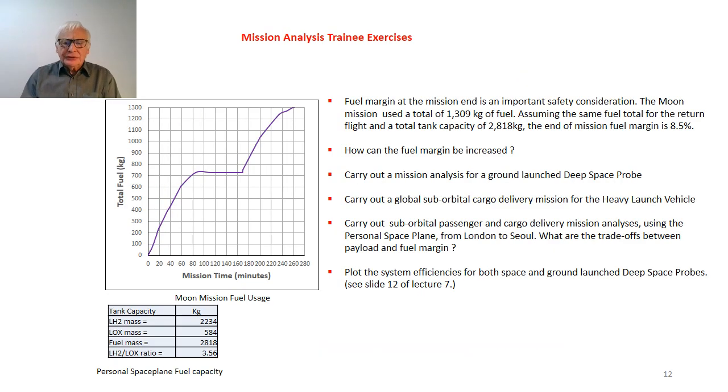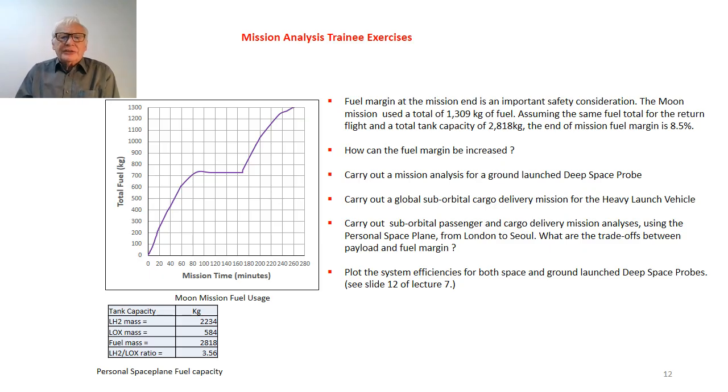So it's now your turn to start doing some work, and I'm going to suggest some exercises that you can carry out using your own mission analysis software based on the Excel spreadsheets that you will have undoubtedly produced by now.